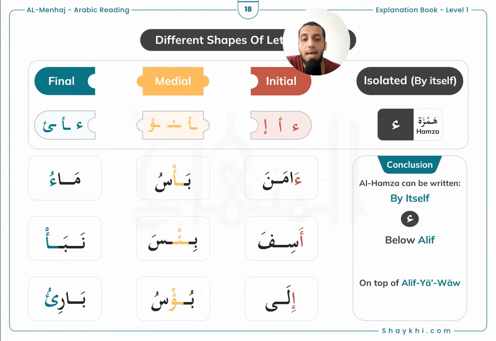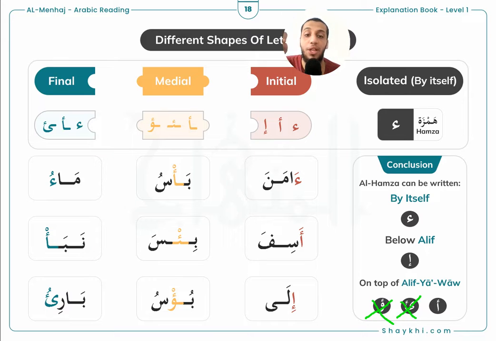This is Hamza by itself, this is Hamza below alif, this is Hamza on top of alif, this is Hamza on top of ya, and this is Hamza on top of waw. I will say it again: whenever you see Hamza above ya or above waw, forget the waw and forget the ya. This is Hamza. Read it like Hamza.